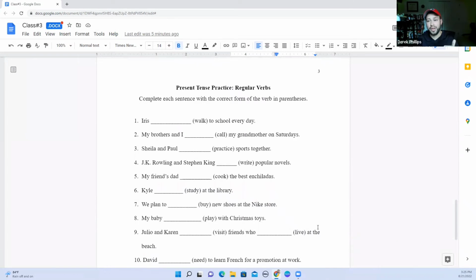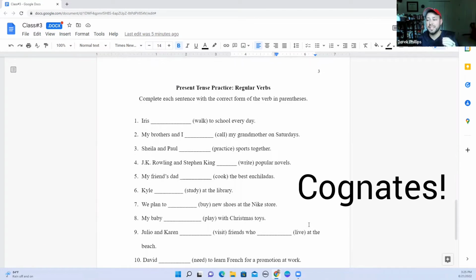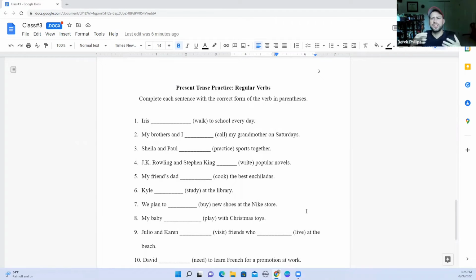On page 3, again, I want you to use cognates. Use these words to your advantage. Use words that maybe you can recognize. It's okay if you don't know every single one. I don't expect you to. Again, this is an accelerated class for beginners.